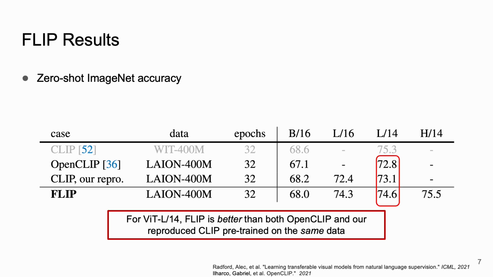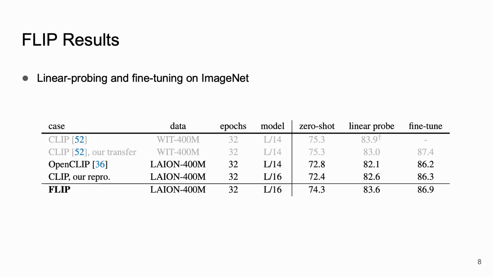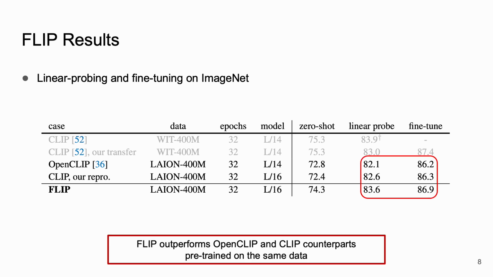As we can see, FLIP is better than both OpenCLIP and our reproduced CLIP, which are pre-trained on the same LAION dataset. We also evaluate different methods on linear probing and fine-tuning protocols on ImageNet. Similarly, FLIP outperforms OpenCLIP and CLIP counterparts pre-trained on the same LAION dataset.